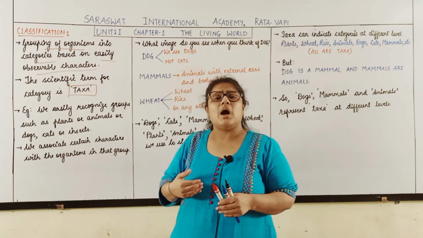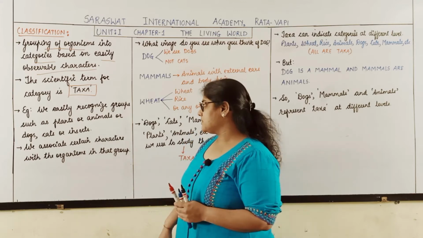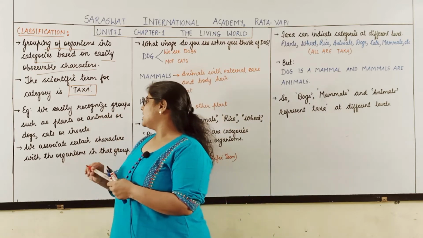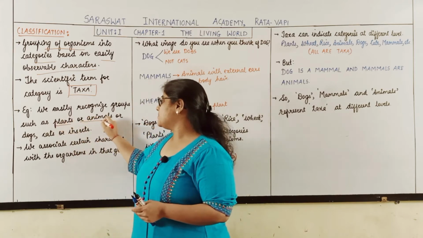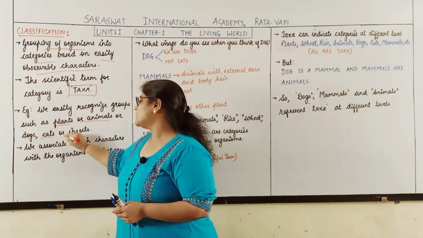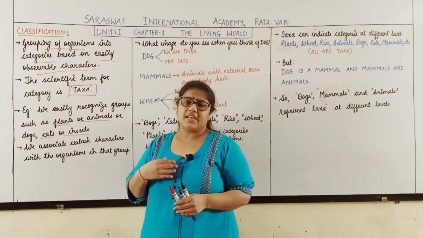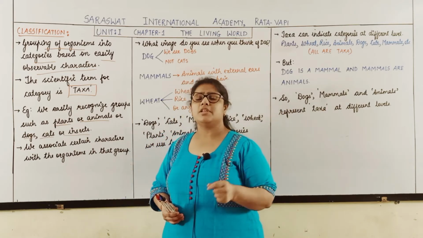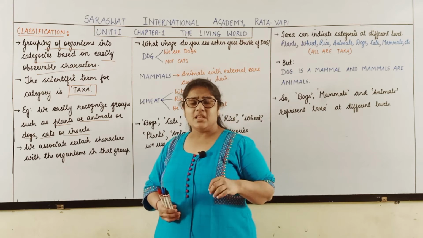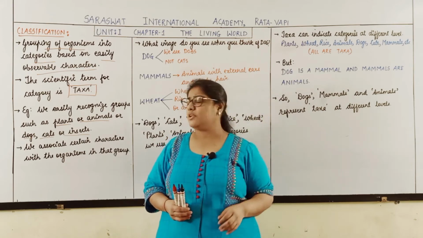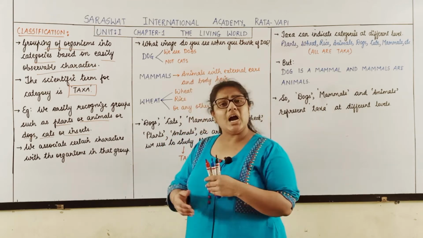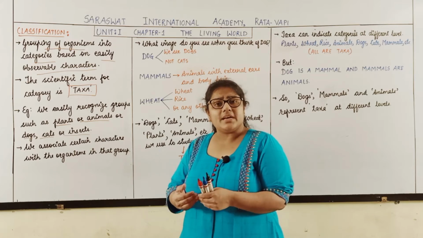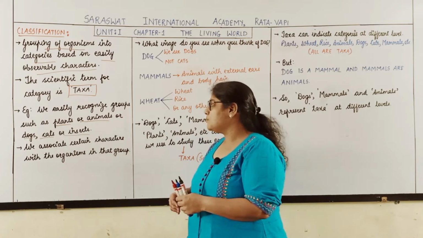an example of how to classify organisms. We easily recognize groups such as plants, animals, dogs, cats, insects, etc. We can easily say that a particular organism is a plant, another is an animal, and that one is a dog. So how are we able to recognize these groups?